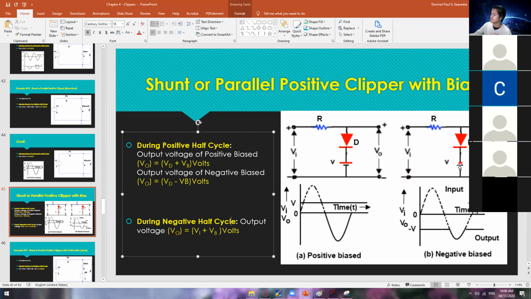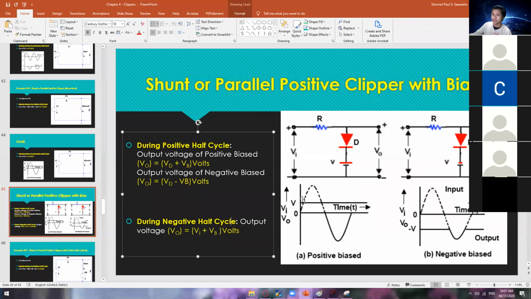The only time that it will conduct is if our V sub I is greater than the V sub B, wherein let's say -3 onwards. So our V sub I is completely dominating our V sub B. That's the only time that it will pass through our V sub O, because this one now is in reverse bias. That is why we have this kind of graph here.